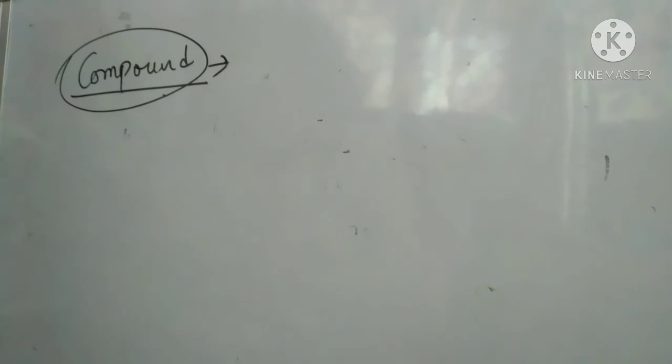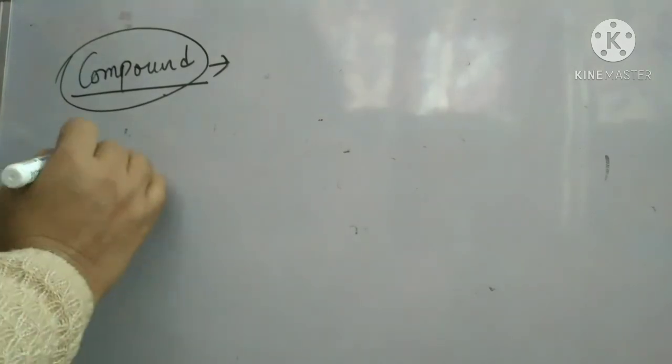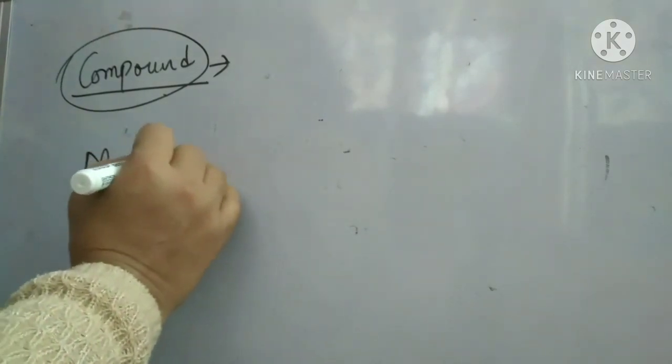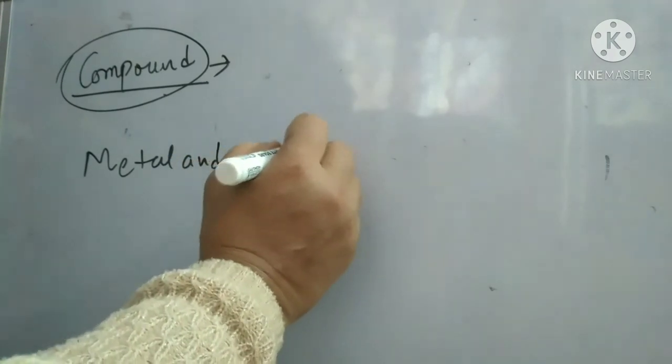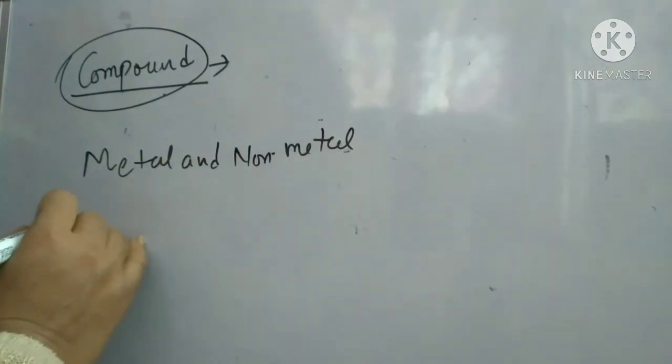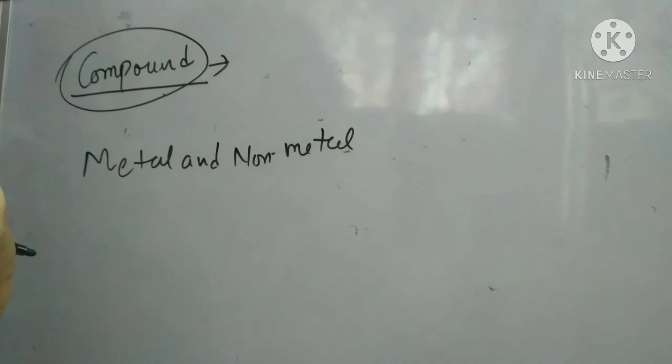Now if it is a metal and non-metal, in case of metal and non-metal, metal is written first and non-metal is given a suffix ide, like compound containing potassium and bromine.